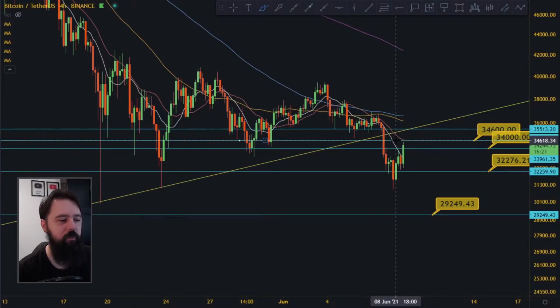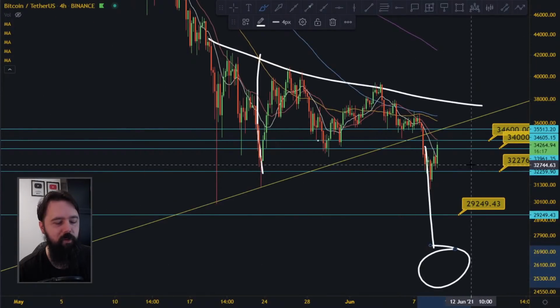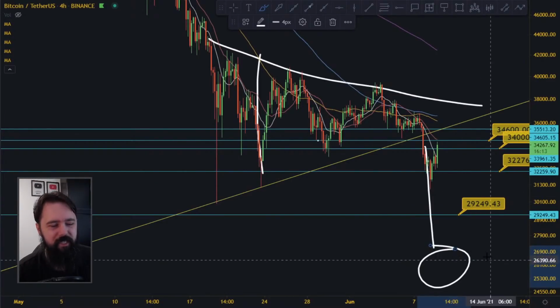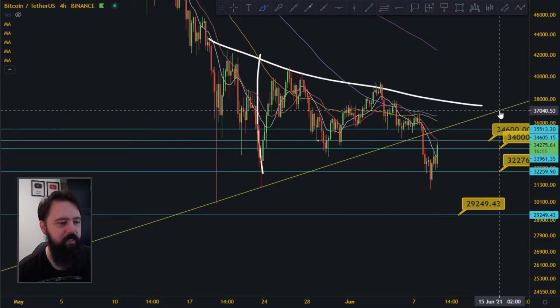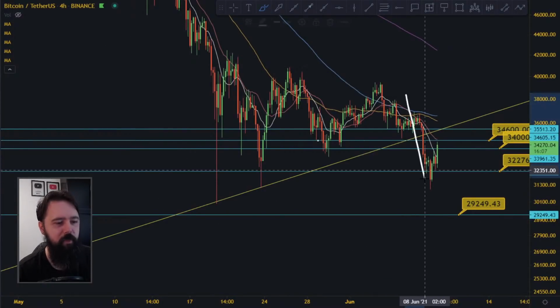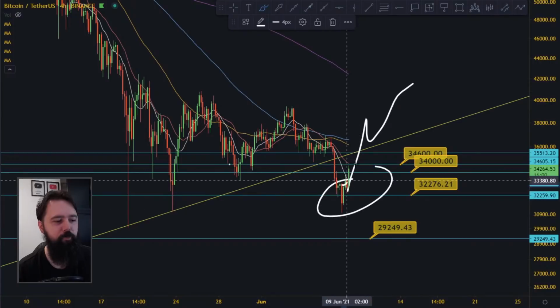The triangle itself says that the price should be somewhere down here at 34,000 to 36,000, something like that. It's not really important, but the price should be somewhere down here. Now this might actually fall a little bit below the triangle and then continue up if it can find some kind of support here, some kind of spring effect.